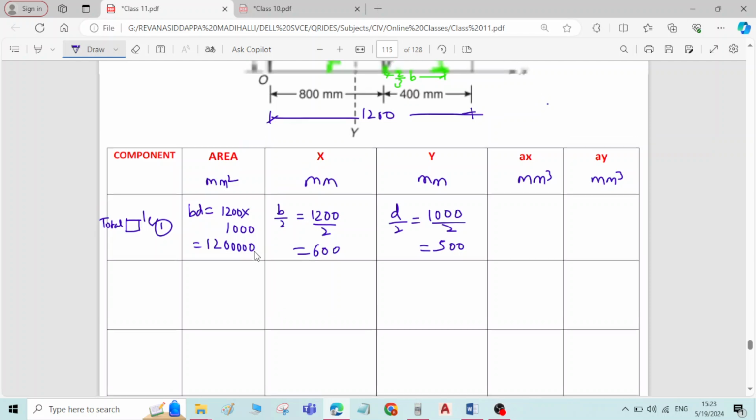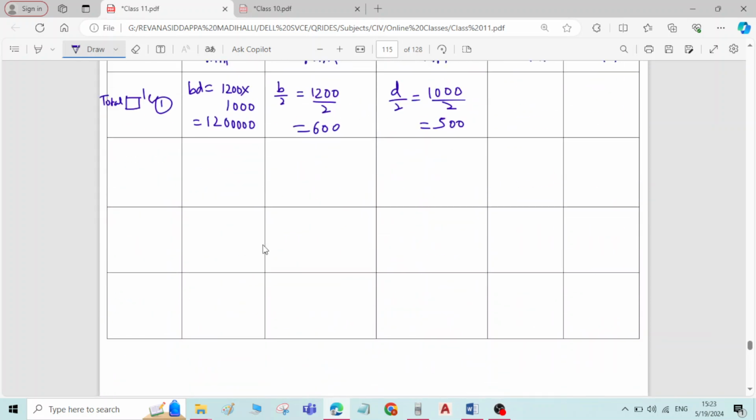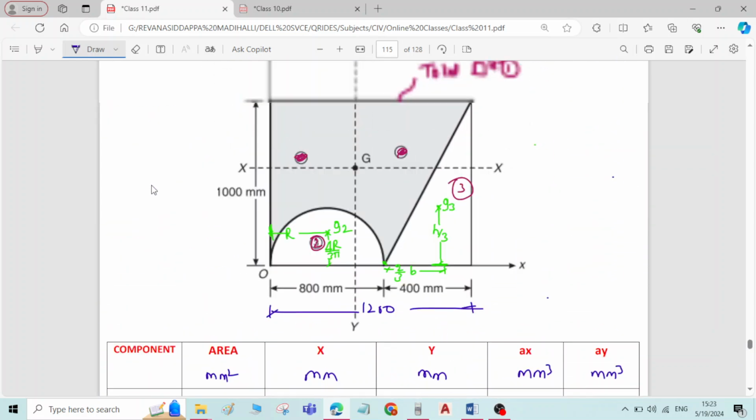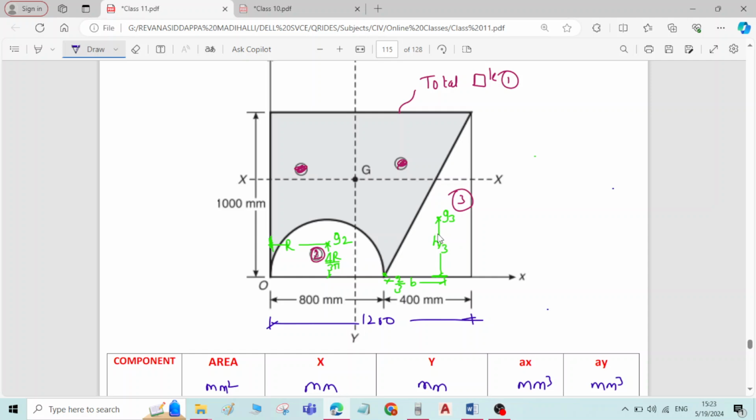Then what is the next component? Semicircle 2. You have to deduct the area of the semicircle and the area of the right angle triangle, because both the components are unshaded portions.